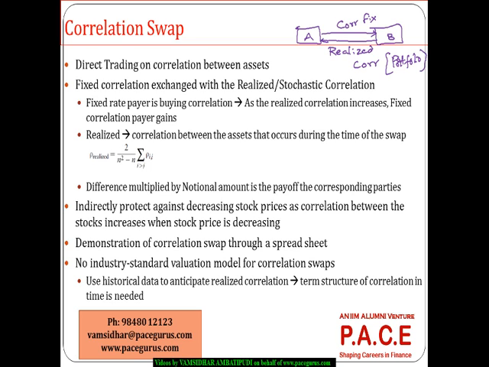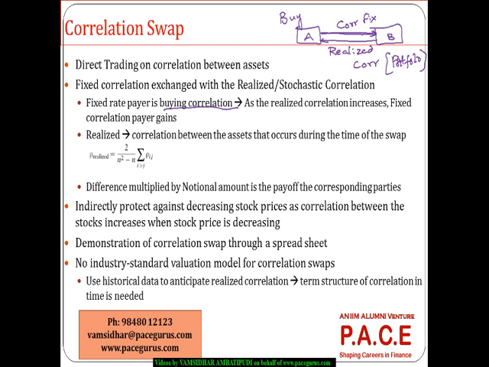On a regular basis, the correlation is typically computed. So it is a direct trading on the correlation itself. Whosoever is paying fixed correlation, we say that he is buying correlation, and whosoever is receiving the fixed, we say that he is selling correlation.